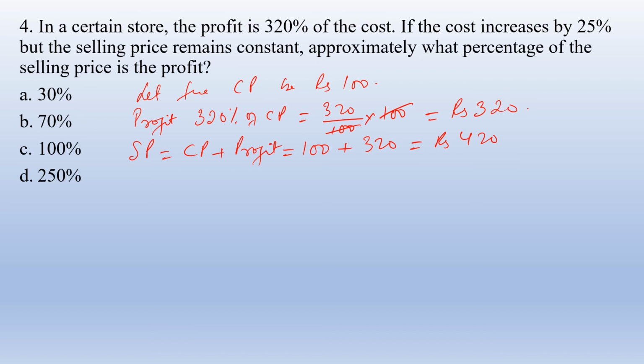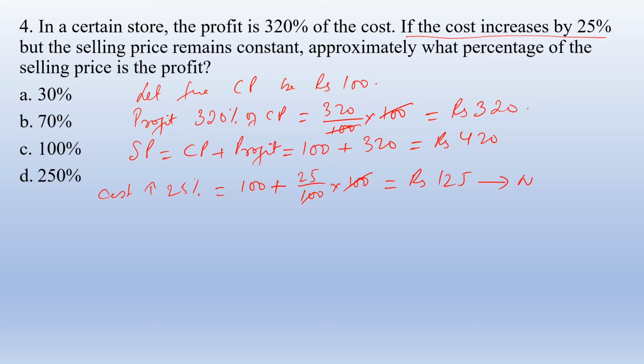Now the second part of the question, it says the cost increases by 25%. That is 100 is the cost price plus 25% of increase in the cost, that is 100 plus 25 is equal to 125.